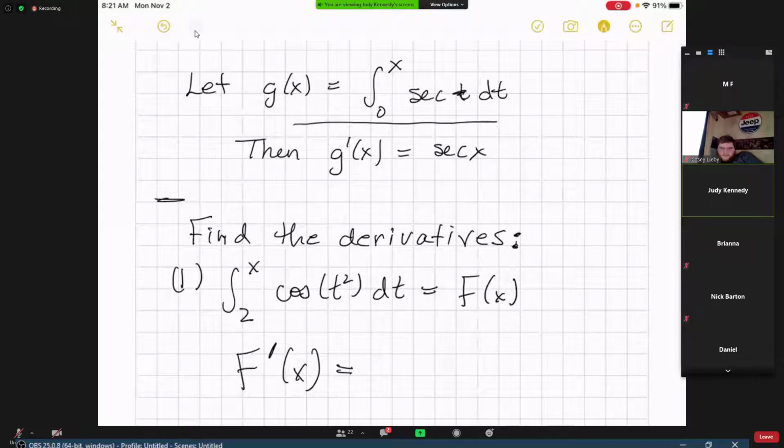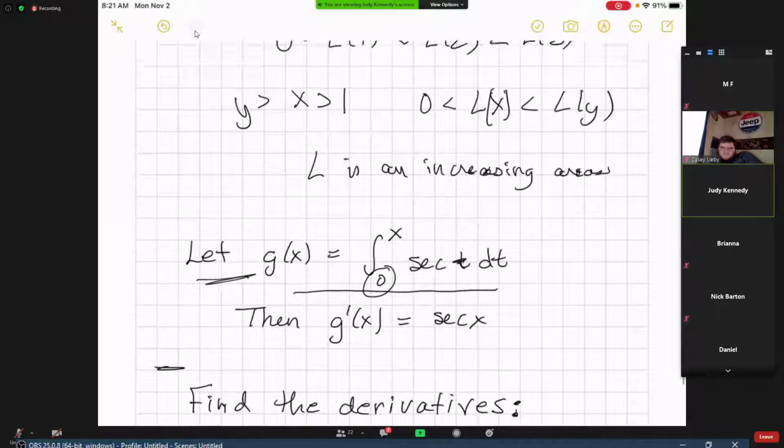Look back up here. Is it cosine x squared? Yeah. Oh, okay. Cosine of x squared. Yes, thank you for that. The number here, it was 0 in the problem that we did first.